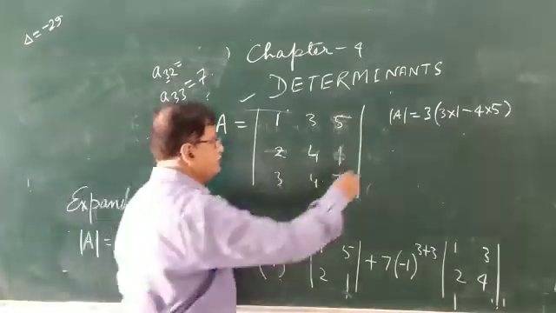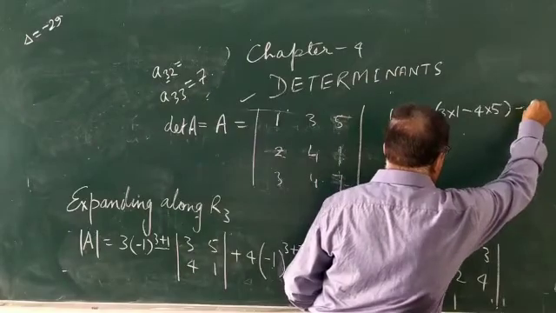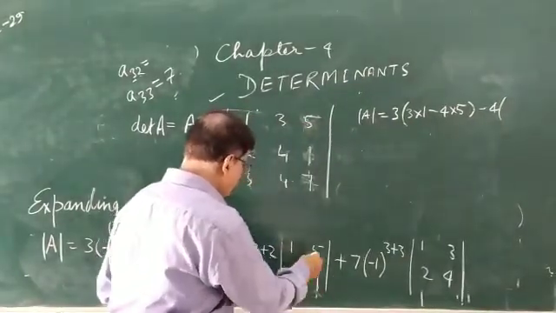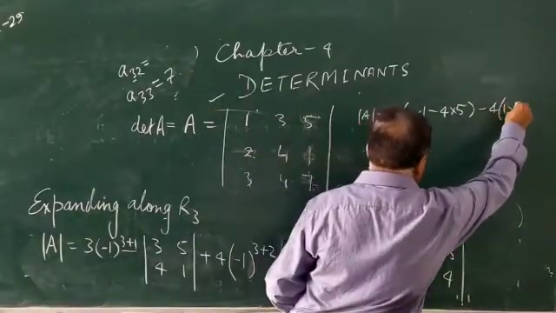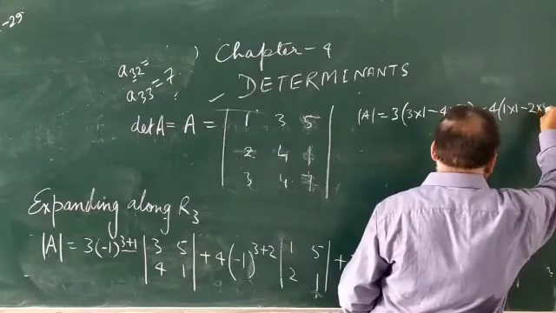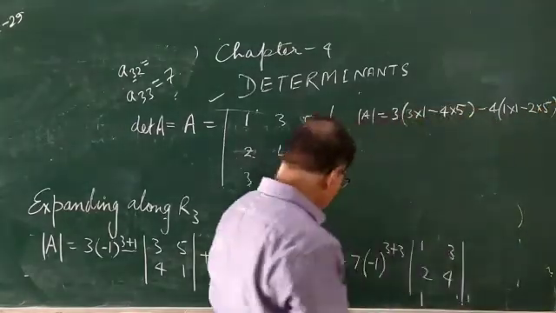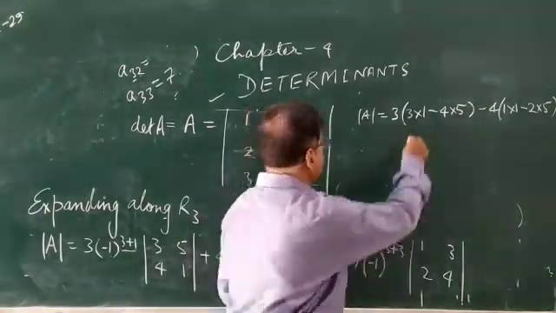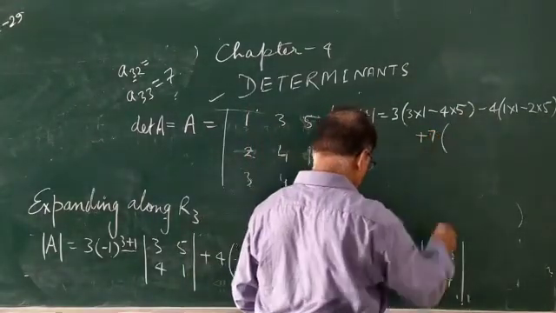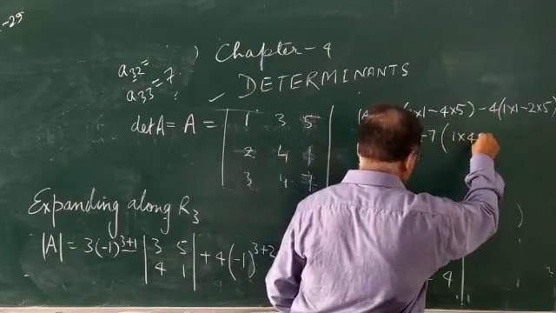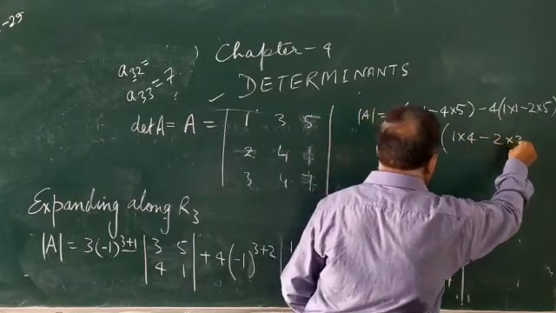Put minus sign, and 4, and then 1 into 1 minus 2 into 5. Now this 3 plus 3 is even, so it is positive, plus 7, 1 into 4 minus 2 into 3.